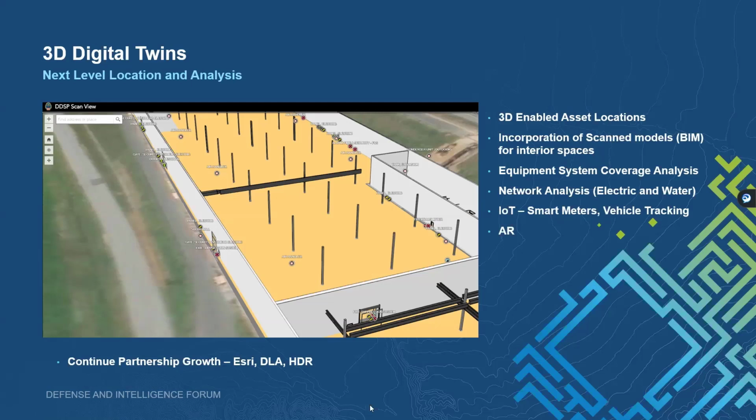And we're exploring being able to use AR, IoT, and maybe even some network analysis where we can trace from a specific electric panel out to the transformer, out to the switch, and ultimately up to the substation, to be able to identify which disconnect switches we need to shut off during an event, or maybe even a protected fuse, things like that.